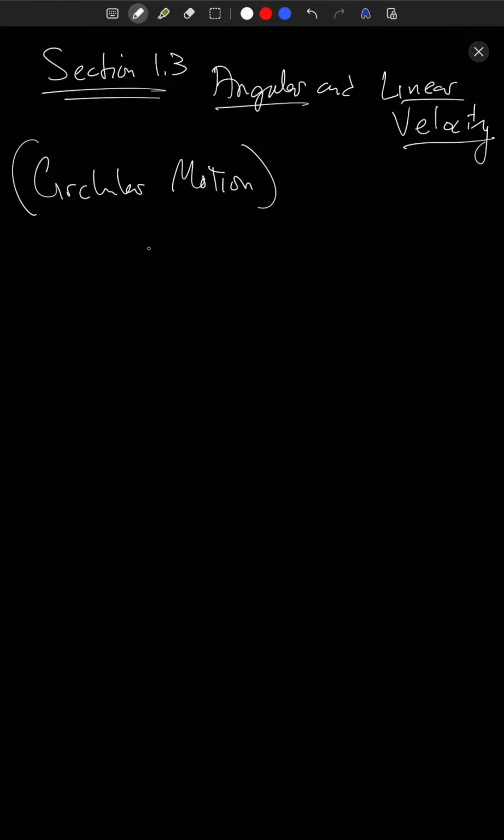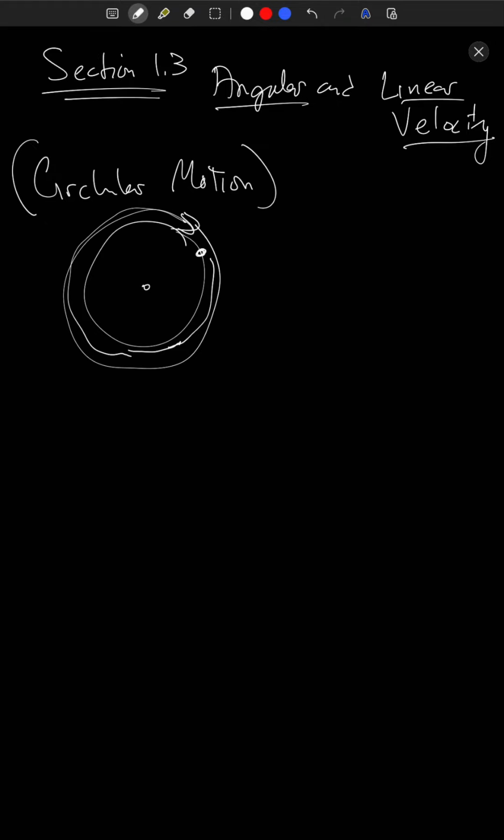So for example, if you have a saw blade, one of our book's favorite examples, you'll see this in the homework set. If you have a saw blade that's spinning and you have a point, let's say right there on the saw blade, when the blade is spinning, it's going to be moving around and around in circles. Okay?